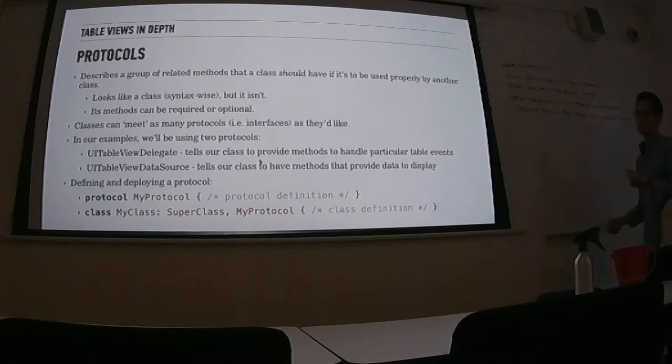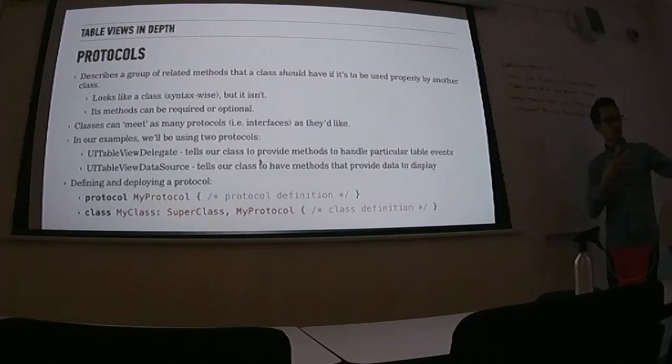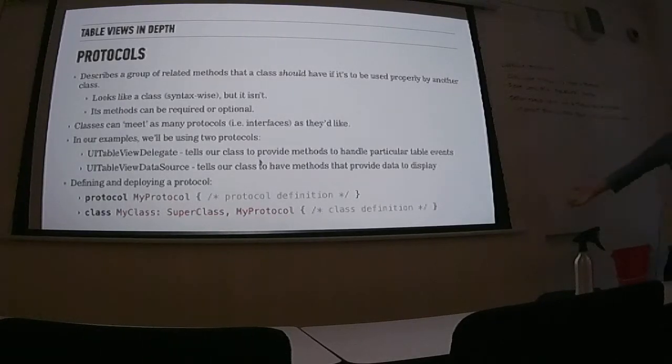So if we say that a view controller meets a protocol, it means that all of the methods that show up in that protocol are being used by that view controller. So it's a contract between two objects, so that if one object says, I meet this protocol, the other object can be assured that the object that meets the protocol has all of those methods available that are defined in the protocol. Does that make sense?